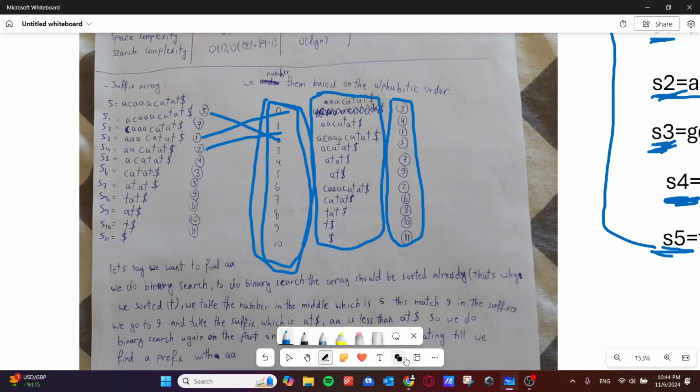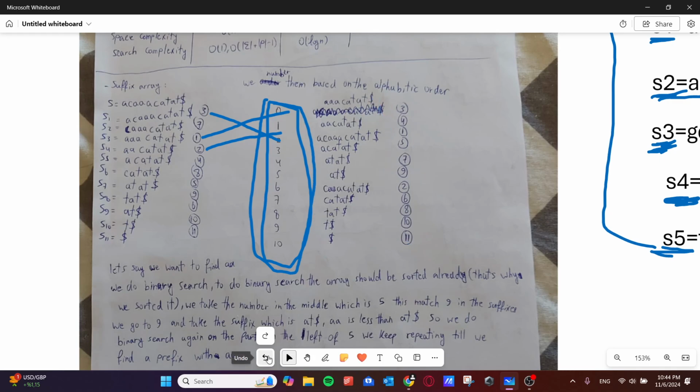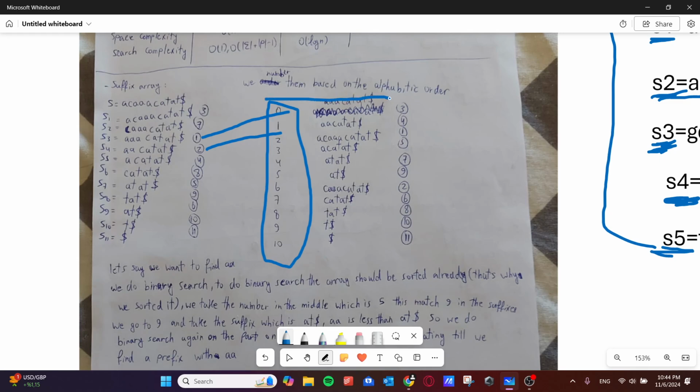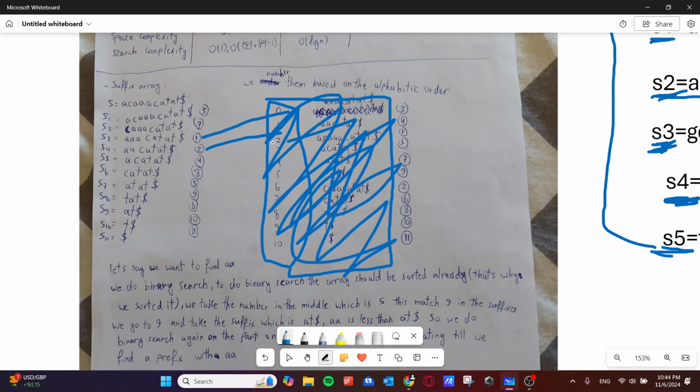Actually, like the professor said, we won't care about these ones, because we can use only these. We can start from the middle, which is 9. It's the suffix 9, right?